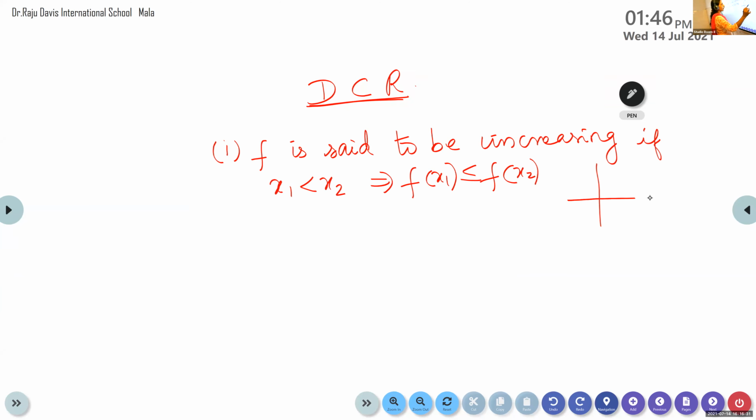In the side you can draw the graph. In some cases it may be equal, it is going like this, slowly increasing. Okay, it is increasing. Now the second case, f is said to be strictly increasing.